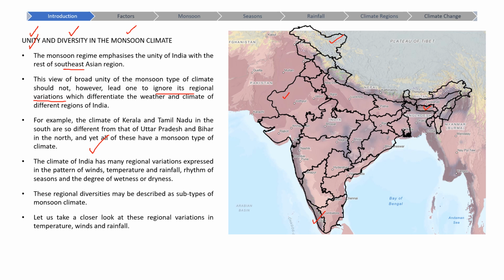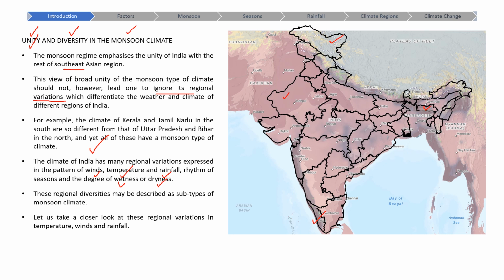So these are the regional variations in winds, in temperature, in rainfall, wetness and dryness. If you are visiting Rajasthan, around Jodhpur, around Bikaner, water is a major problem there. Very arid area. But if you go towards Meghalaya or Kerala, it's full of rainfall. More water is there.